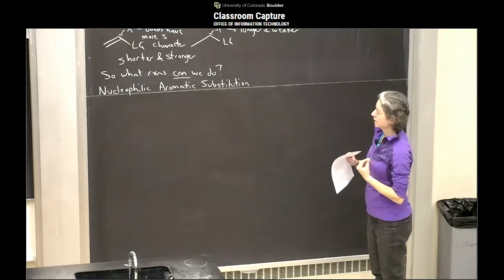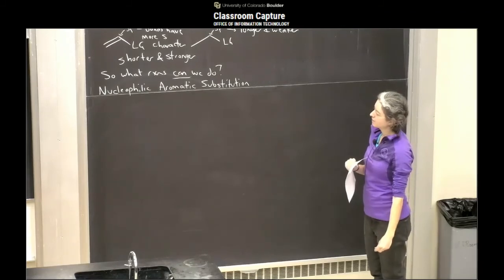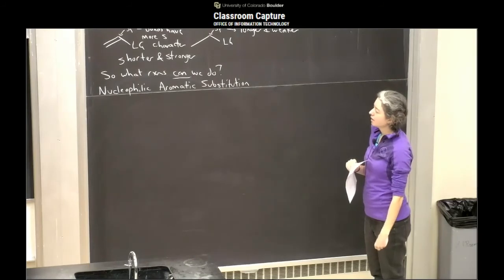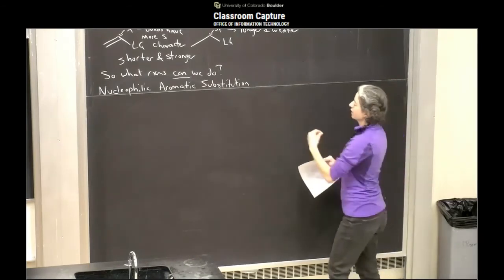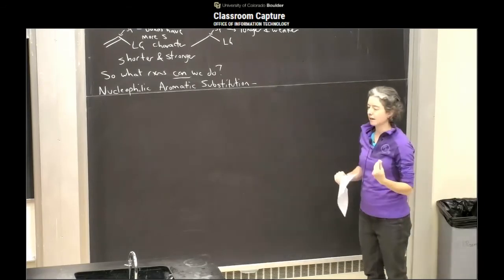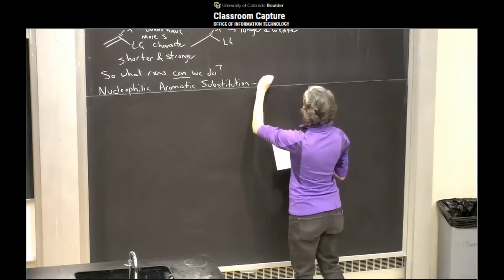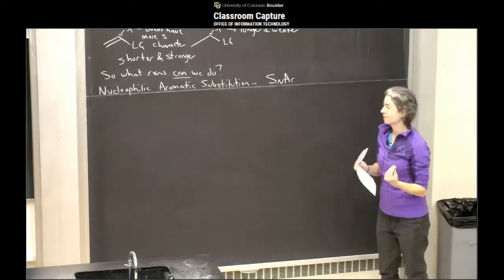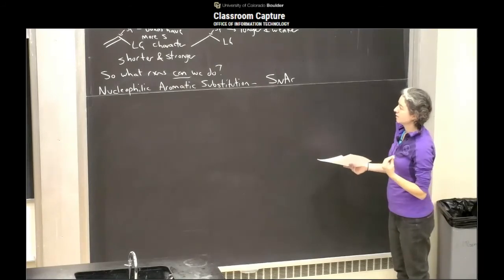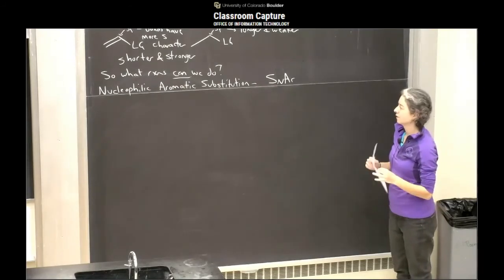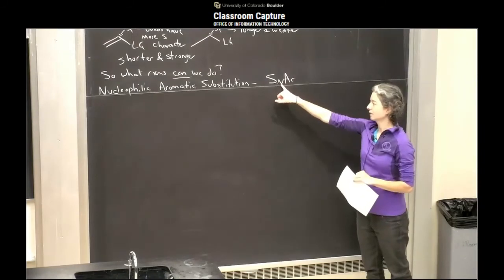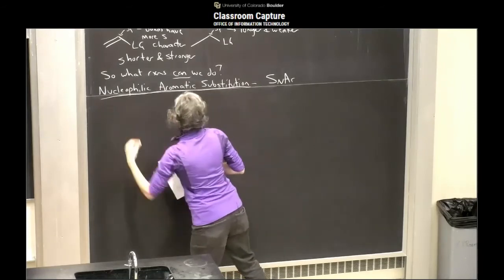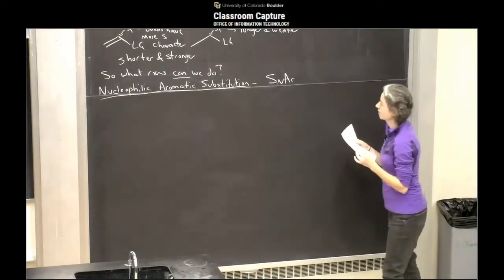If things were nice and tidy, then we would call this NAS to match up with how we called electrophilic aromatic substitution EAS. Sadly, things didn't work out that way, and it's named more analogously to how SN1 and SN2 were named. So this is actually going to be called SNAr. Just like SN1 was substitution nucleophilic first order, this is substitution nucleophilic aromatic. Okay, so SNAr for short.